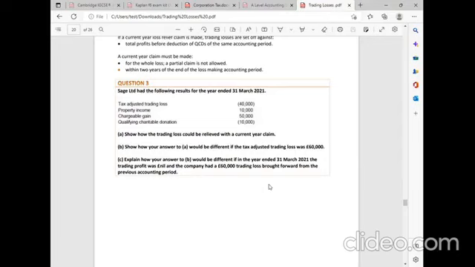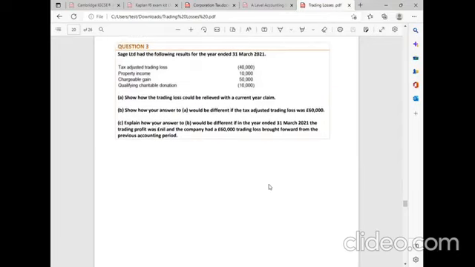Simple. Now the current year loss relief will work for the whole year of loss, and we will apply it. You have a question called Sage Limited on your screen. I need you to read it, please. Sage Limited had the following results for the year ended 31st March 2021: tax adjusted trading loss 40,000, property income 10,000, chargeable gain 50,000, qualifying charitable donations 10,000.